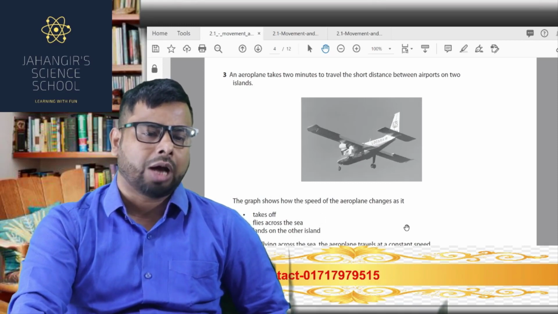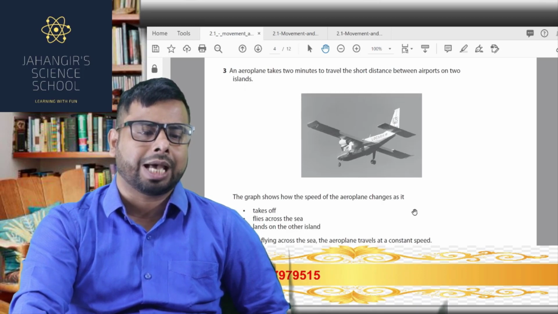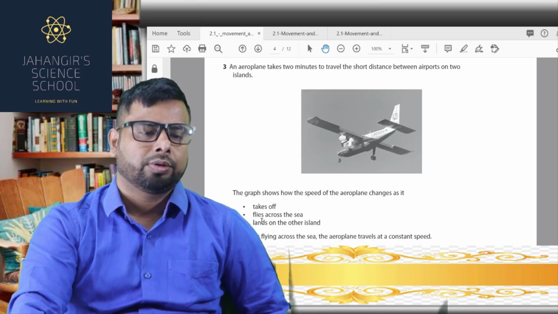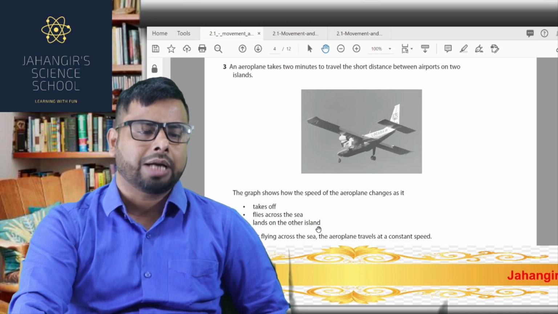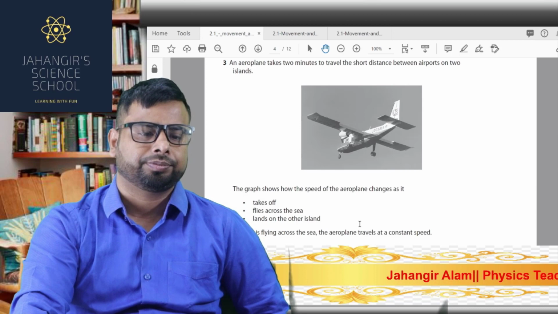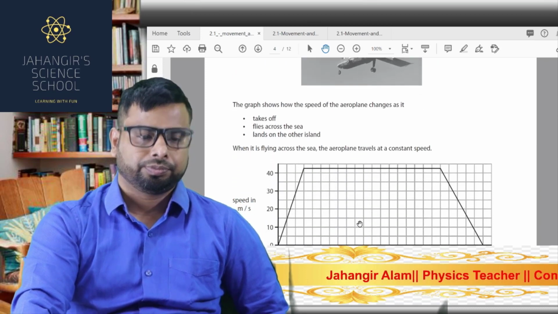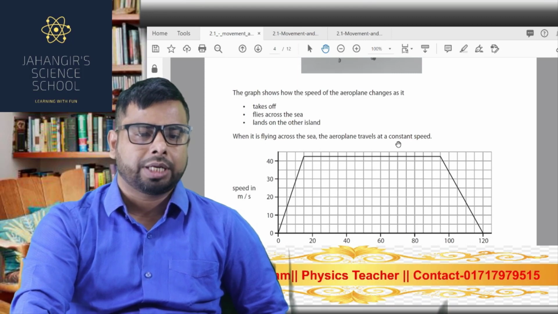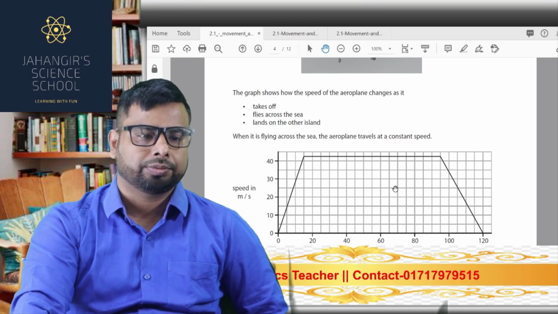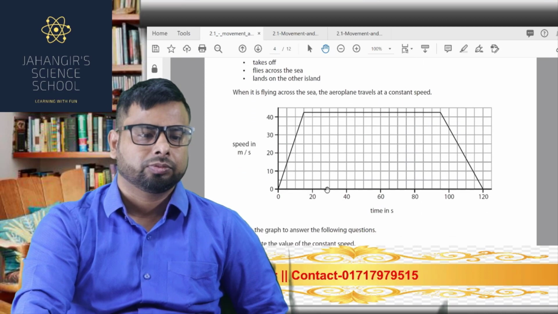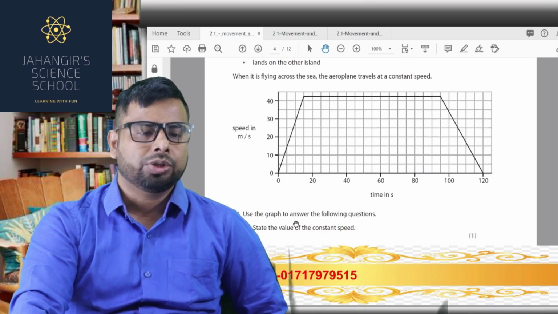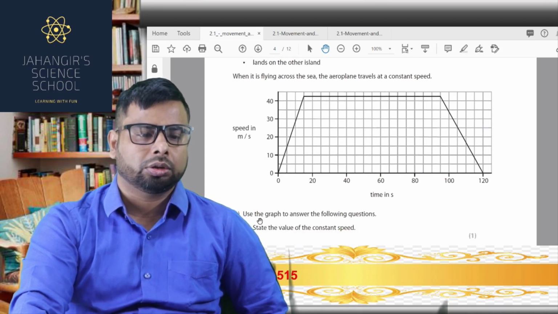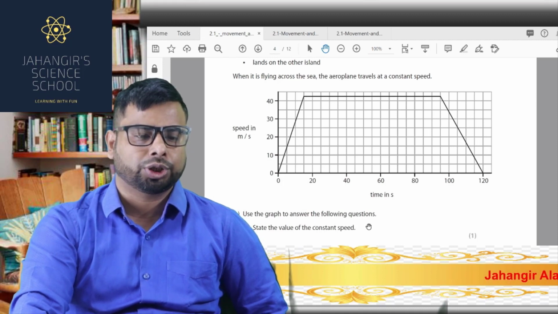The graph shows how the speed of the aeroplane changes as it takes off, flies across the sea, and lands on the other island. When it is flying across the sea, the aeroplane travels at constant speed. Use the graph to answer the following question.